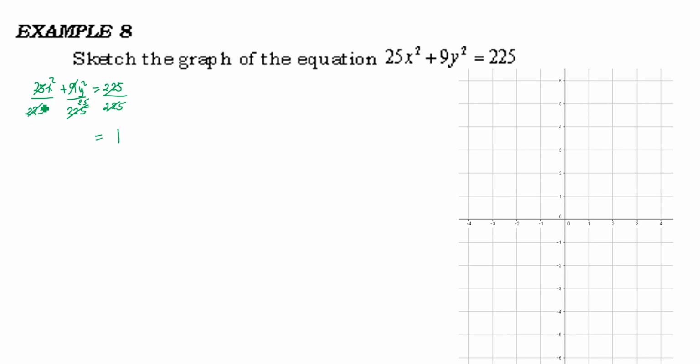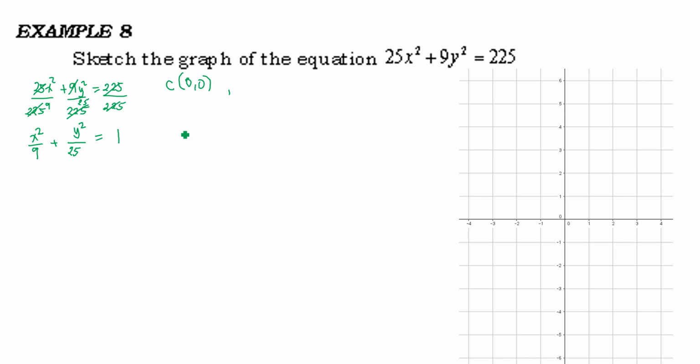So in other words, then we have y squared over 25 and here we have x squared over 9. So in other words, the center is at the origin. Then patayo siya kasi 25 is greater than 9 and 25 is under y squared. So vertically, the major axis is vertical.